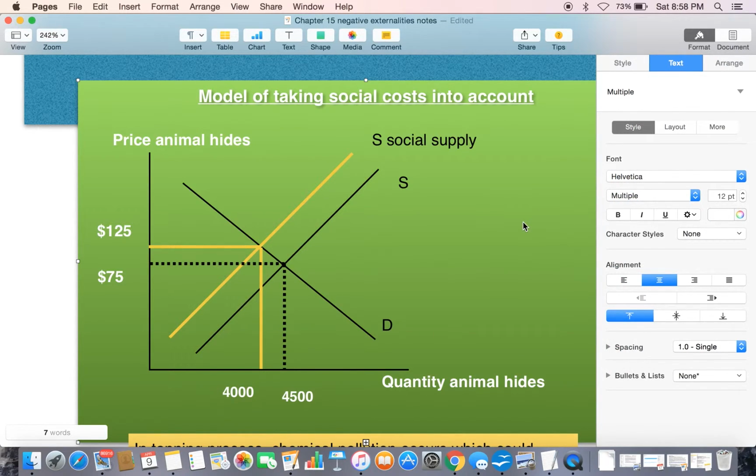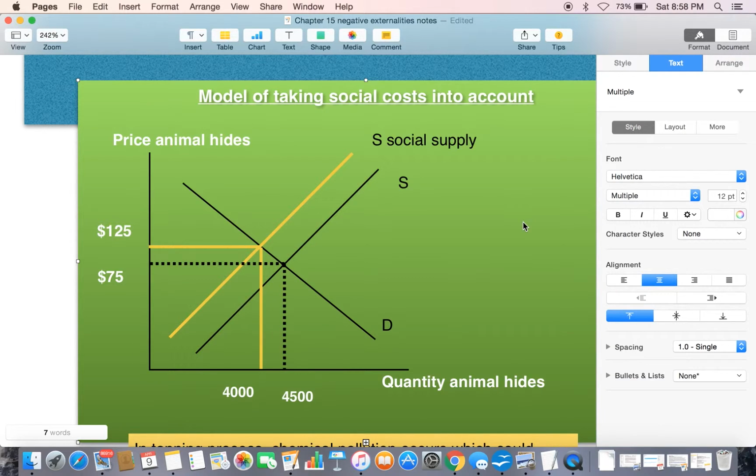This is a case where market failure exists when we are employing free market principles, so there is room for government intervention. And here the government is going to be employing the pollution tax in order to reduce or eliminate pollution, eliminate the market failure, and increase the price of animal hides by doing that.